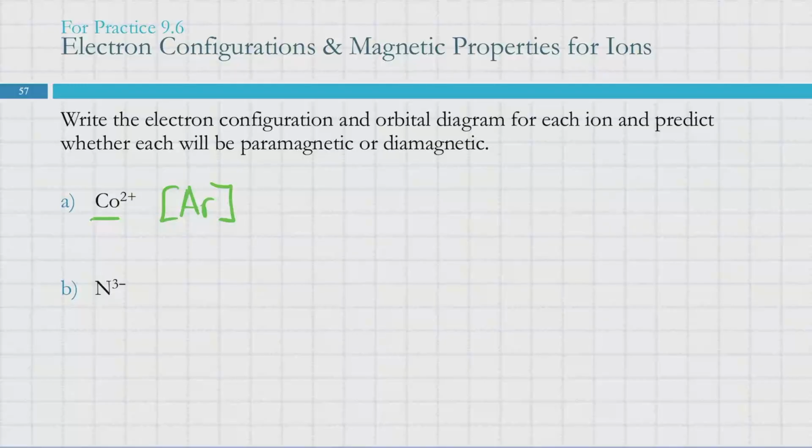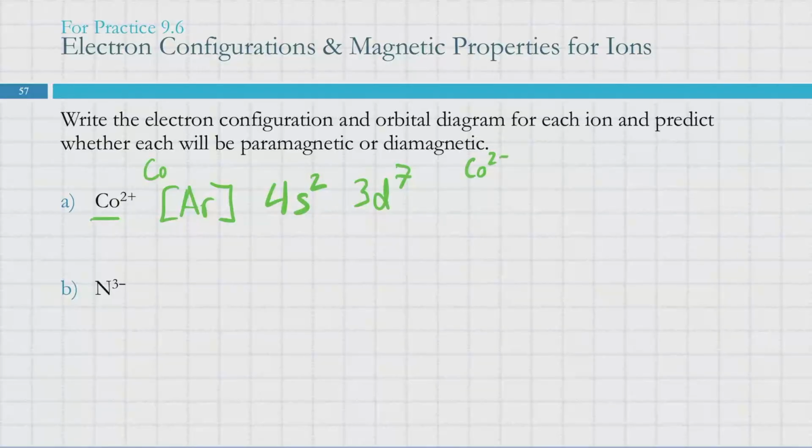So cobalt, being in the D block, is past the S block in row 4. So it's going to have 4s2. This is just for cobalt. We'll do the 2+ after that. And then we have to count what spot is it in our D block. Remember, this is 3d because it's our first row of D. 3d, it's the 1, 2, 3, 4, 5, 6, 7th spot. So it's 4s2, 3d7.